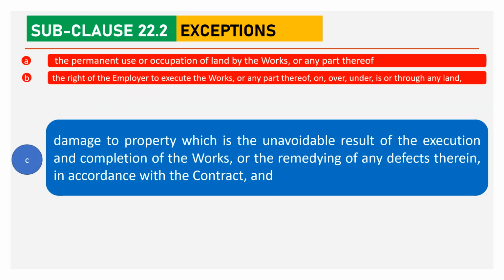The third exception is the damage to property which is unavoidable as a result of execution and completion of works or the remedying of any defects therein in accordance with the contract.